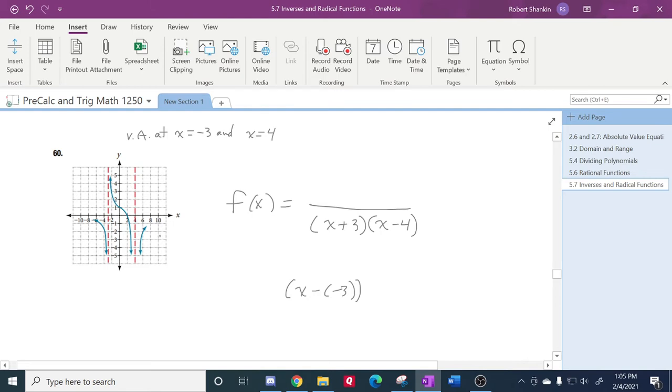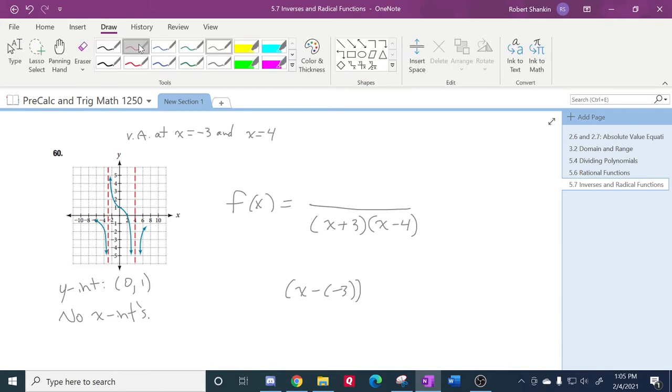Okay. And then, does this look like it has any x-intercepts? This has a y-intercept of 1. No x-intercepts, it doesn't look like it touches the x-axis at all. Okay. So, y-intercept of 1. How do you find the y-intercept? You set x equal to 0.